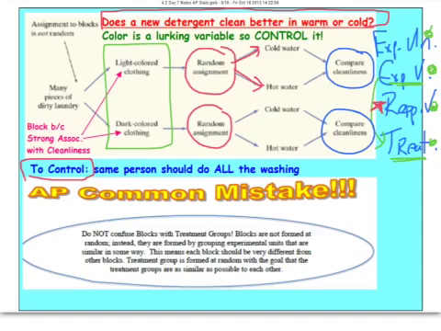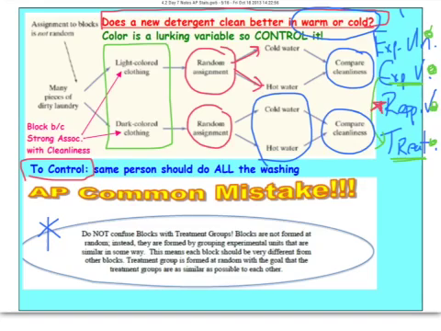Now, the one caution the AP board will say is this: do not confuse blocks with treatment groups. Okay, our treatments in this case are very specific. The hot water and the cold water are the two treatments. Remember, the treatments are going to be related to that explanatory variable. The blocking, if you look at the question up here, does a new detergent clean better in warm or cold water?